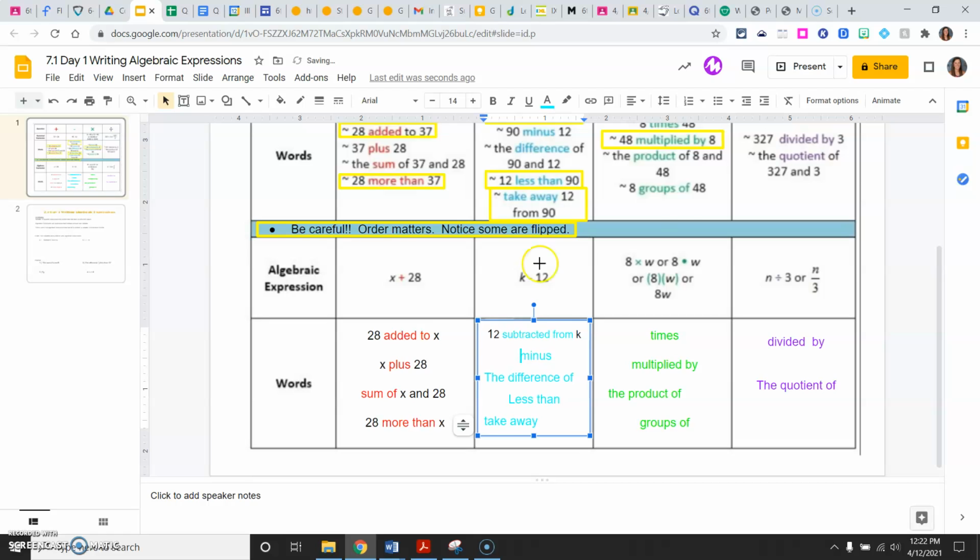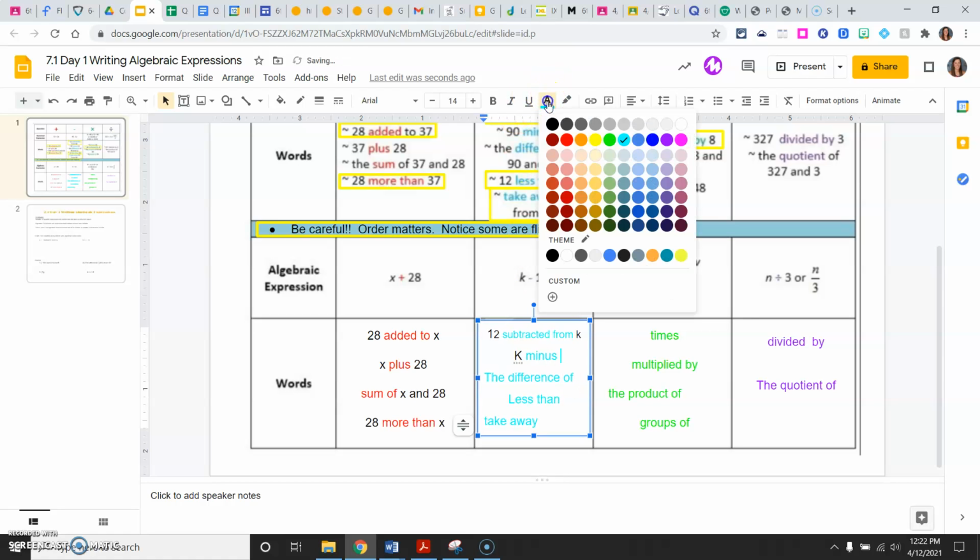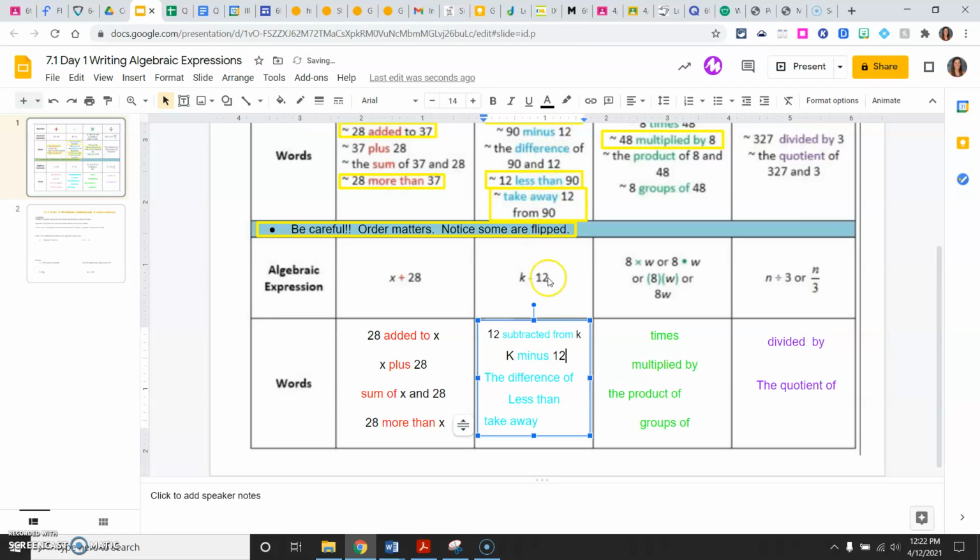This is k minus 12, which is how I said it when I first pronounced it. The difference of k and 12.